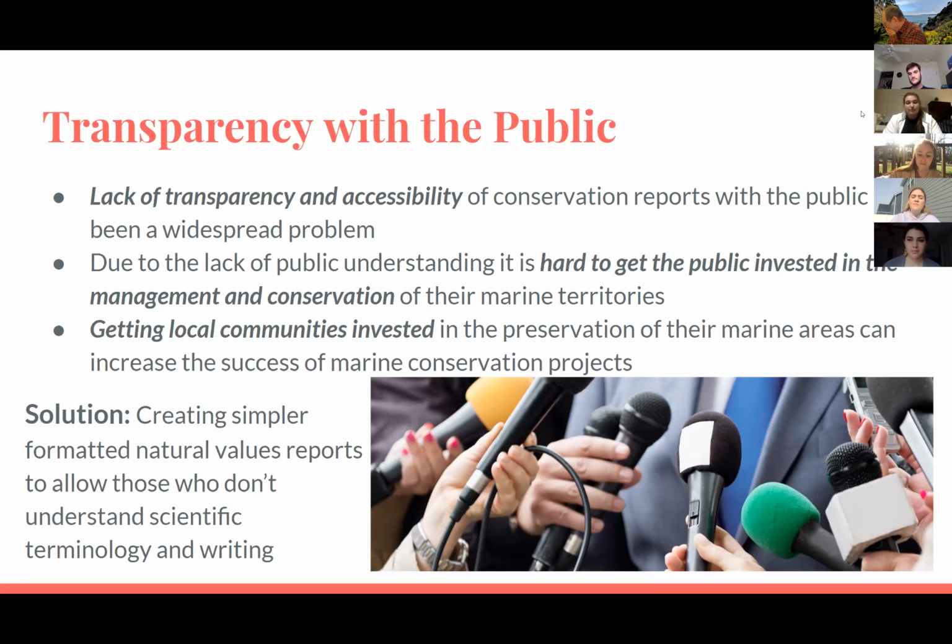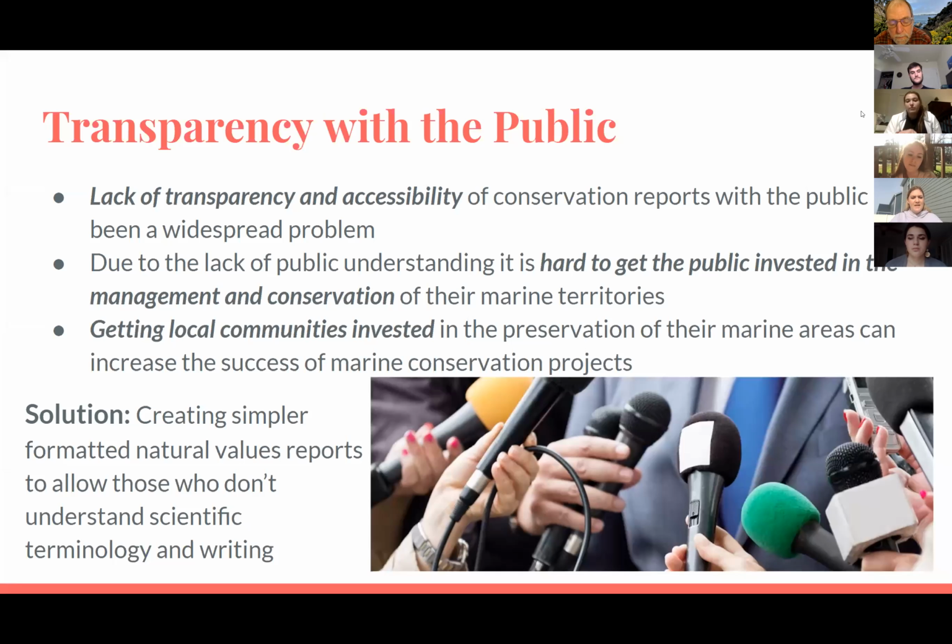So the solution could be creating more simply formatted natural values reports to give to those who don't understand scientific terminology in writing. And so essentially what a natural values report is just a categorization of the different species involved in the area, the different types of biomes, and anything that you can think about that is a different facet of ecological values in marine areas.